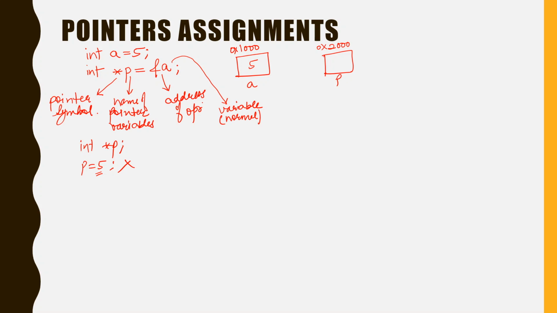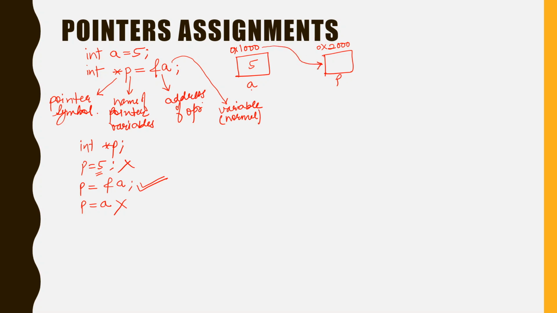Now how to assign it? To assign it we use the assignment operator, but you have to write the address of a. Instead of p = a, which is not a correct method, write p = &a. So what is a? a is this, the address of a is this, so the value of p will become the address of a.